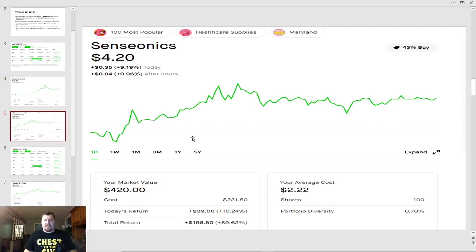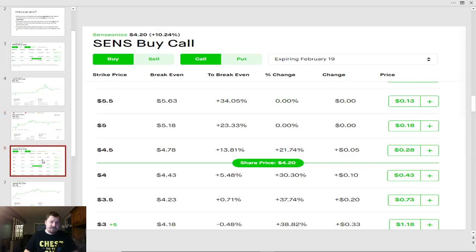So let's look at another one. This is Senseonics, ticker symbol SENS. I own 100 shares of these. I paid $2.22 for 100 of these shares. Now let's look at the option chain though. So I own 5 of the $3 call options. I believe I paid $70 for these.